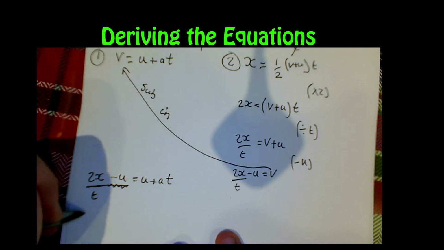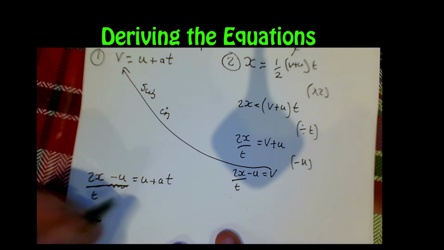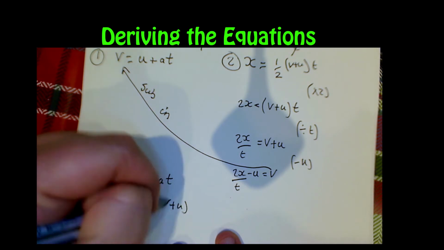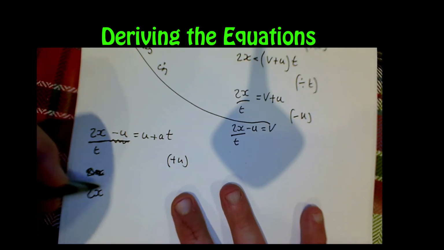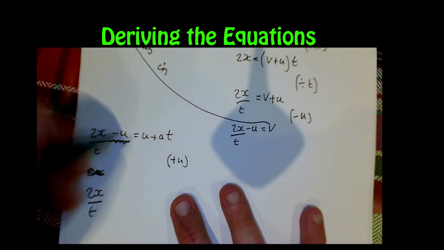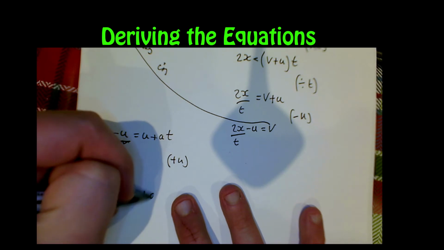Okay, now what I'm going to do is add u to both sides, so I get 2x upon t equals 2u plus at.